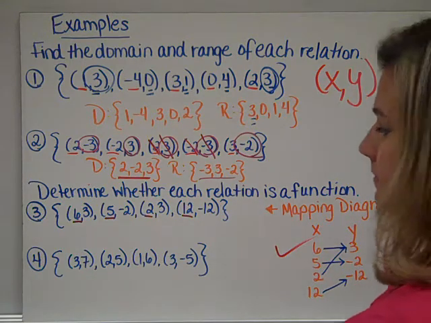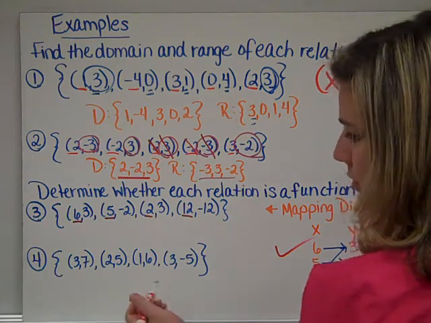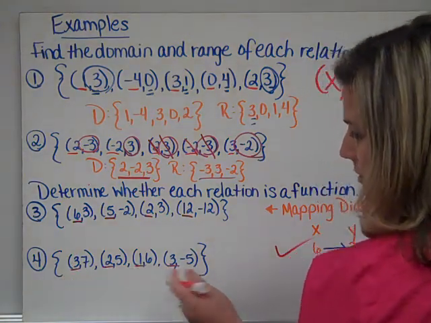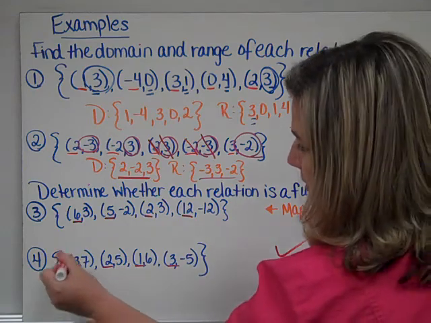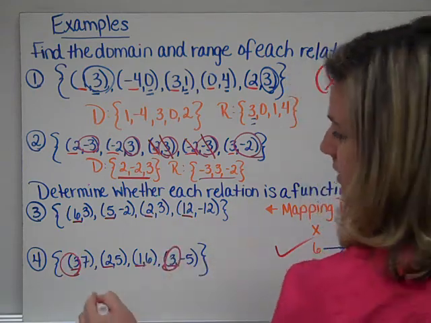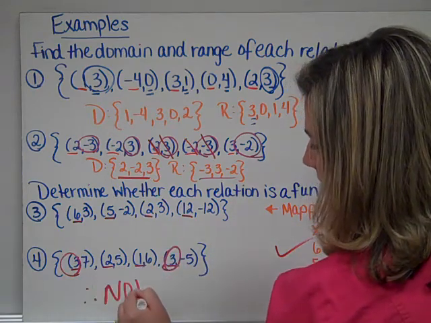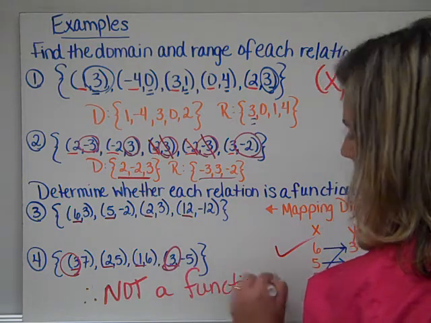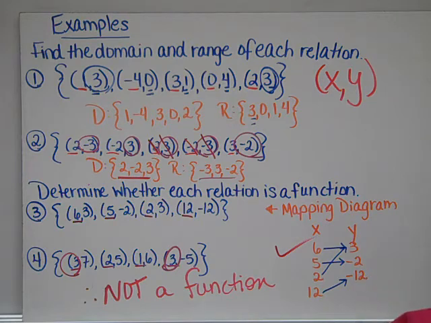Let's look at number 4. Is this a function? Well, first of all, if I'm given ordered pairs, I'm going to check my x values. And I definitely see that the 3 is repeating. So therefore, this is not a function. And if I would do a mapping diagram of that, 3, 2, 1, 3, 7, 5, 6, negative 5.